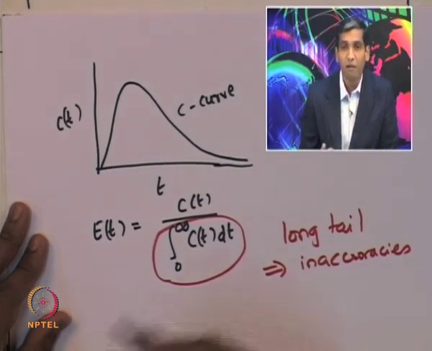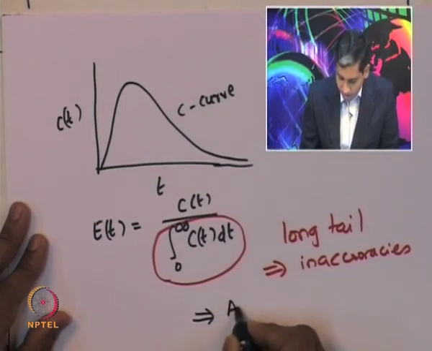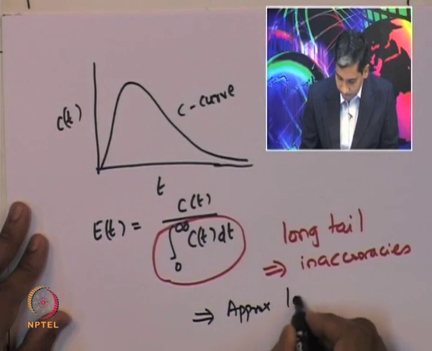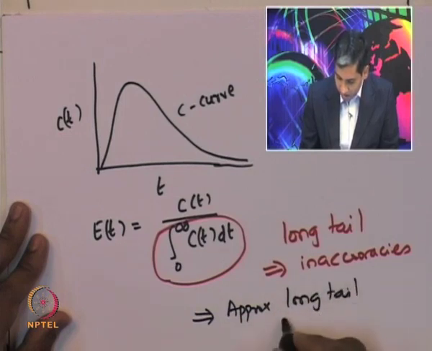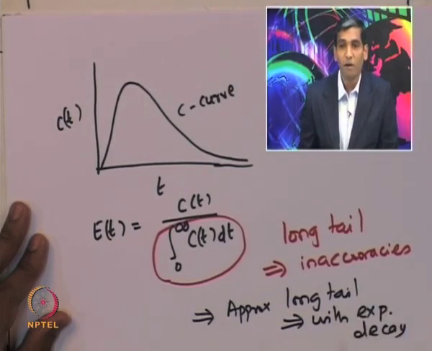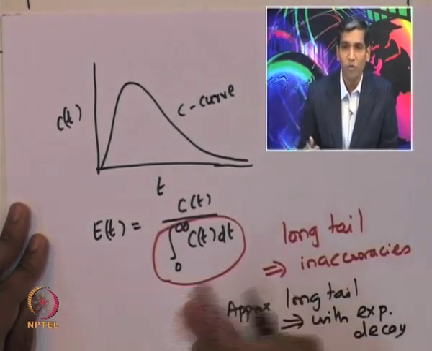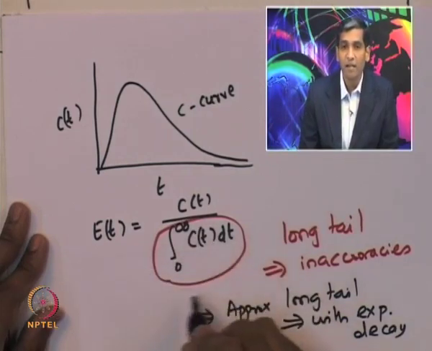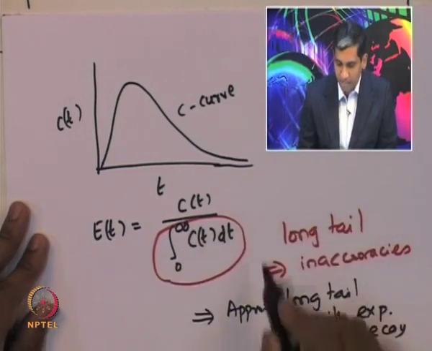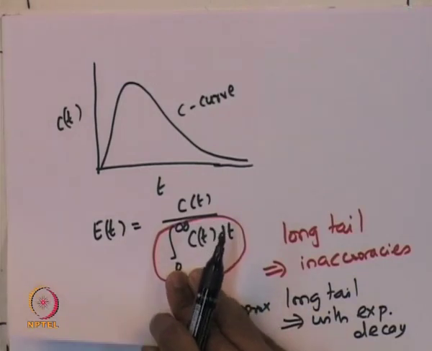One specific method to circumvent this problem is to use approximate long tails. If a long tail is observed, approximate the long tail with an exponential decay. So, assume that the long tail is exponentially decaying, and now it is an analytical function and it can be used to find the integral of C of t dt to a reasonable accuracy. Therefore, if there is a long tail, then it can lead to all kinds of numerical issues in order to estimate the RTD.